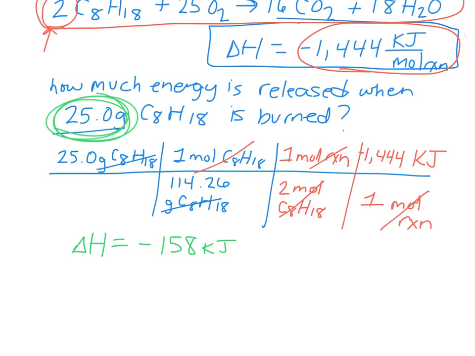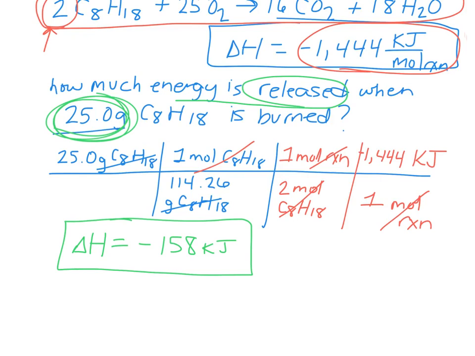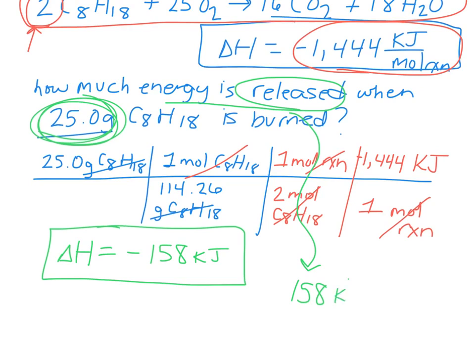If it asks you for just delta H, then you can leave this as a negative answer. But if the question is worded the way it is, where it says how much energy is released, the wording of the question is already telling you that energy is being released. So we can take the absolute value of that number and get 158 kilojoules, because that just tells me that 158 kilojoules are being released.